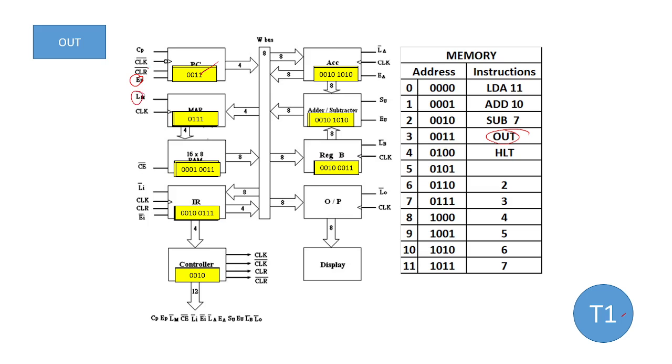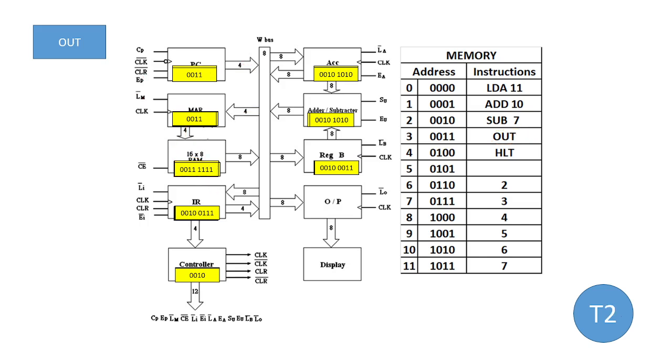That means that the contents of our program counter will be sent to W bus here, and will be accepted here on our MAR. And after that, it will just point out here on our RAM here. So the instruction here is to out or to display the value of our accumulator.